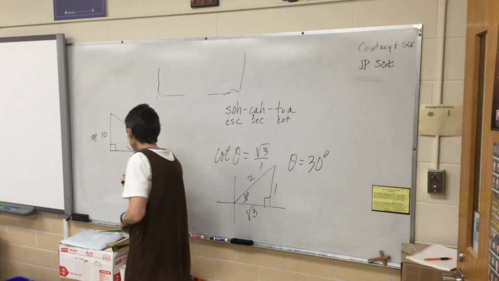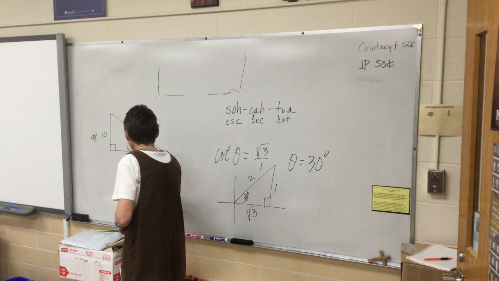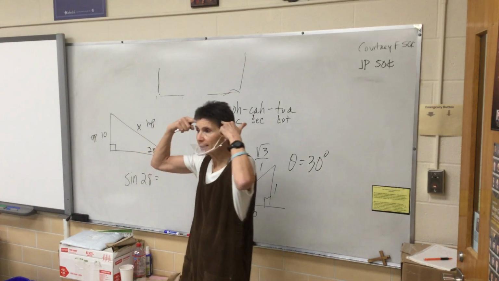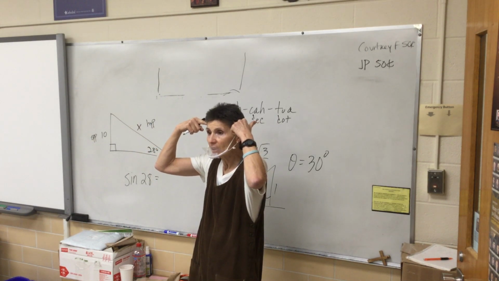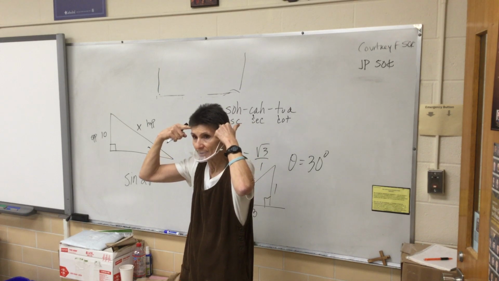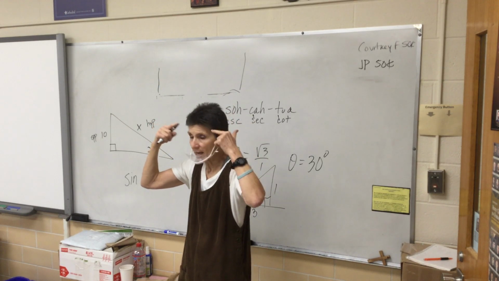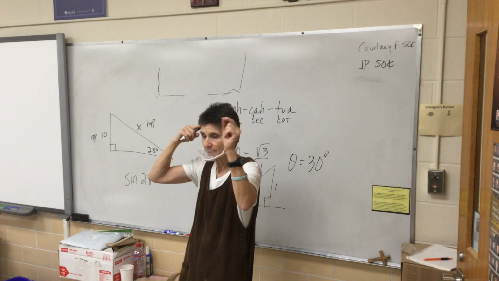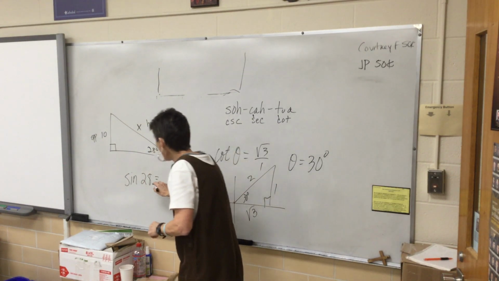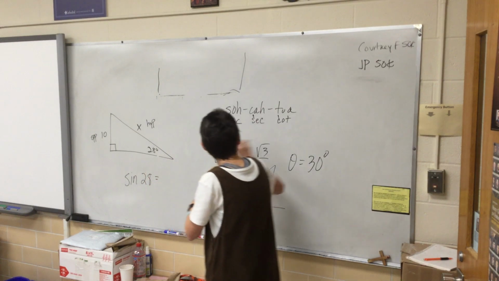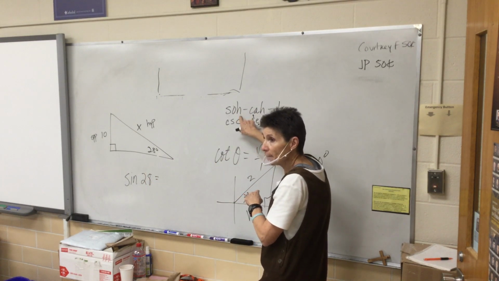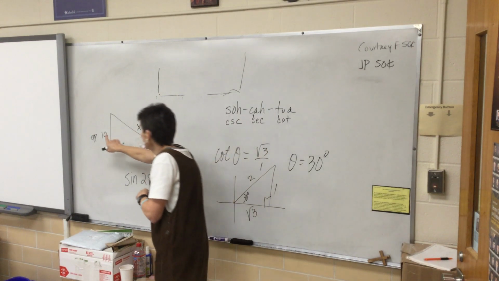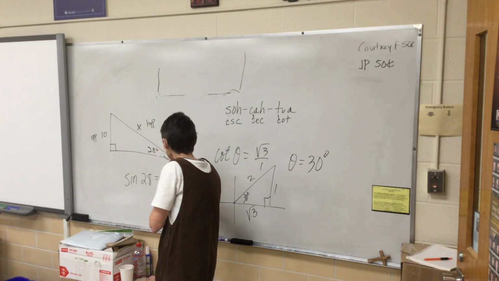So you write sine angle. Drill it in your head: the angle is hooked to the sine, or the tangent, or the cosine. It's sine angle, cosine angle, tangent angle. And then that will equal opposite over hypotenuse, which is 10 over x.